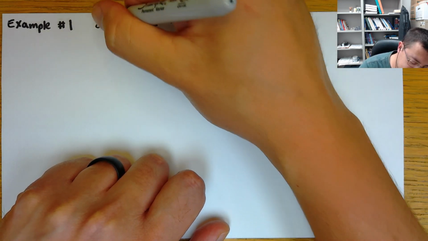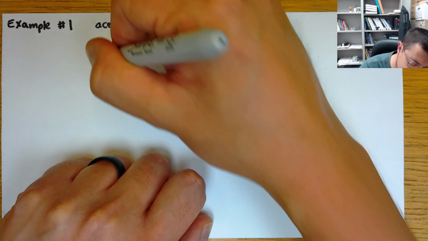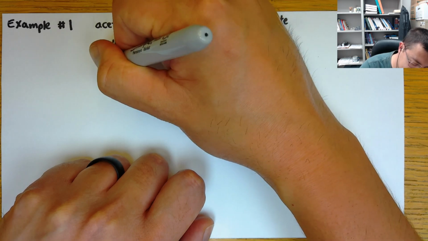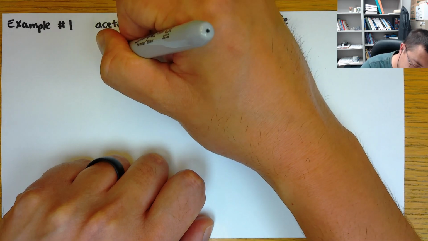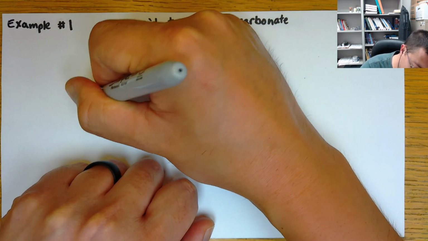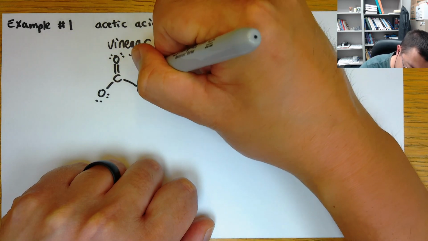Acetic acid means the acid of acetate. Acetate is that polyatomic ion everyone seems to love to hate. I think it's worth drawing at least once in your life, just so that you know what it looks like.